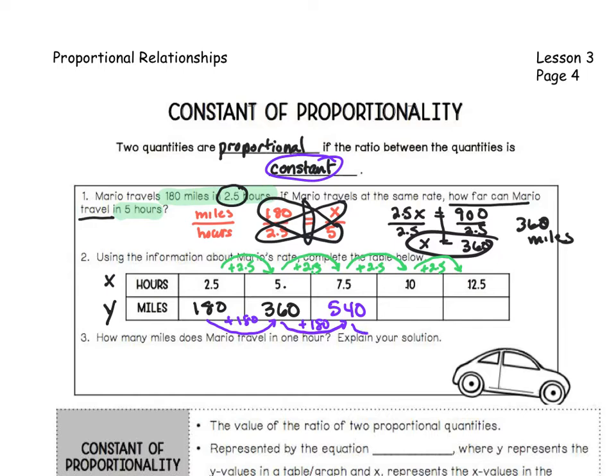And then to 540, we're going to add another 180. And that would be 720. And then we're going to add another 180, and that would be 900.